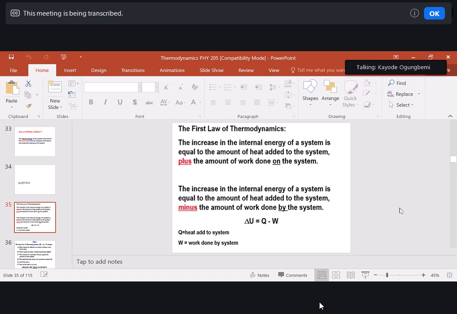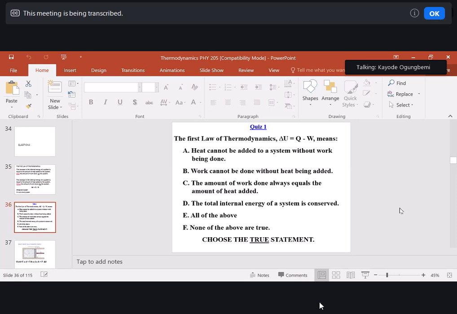The change, you can put it as increase in internal energy of a system, delta U equals delta Q, heat added to the system, minus W, work done by the system. Don't forget there are definitions. When they ask you to define, any of the three is acceptable. The third one, you must explain all the terms you put in the question, okay?